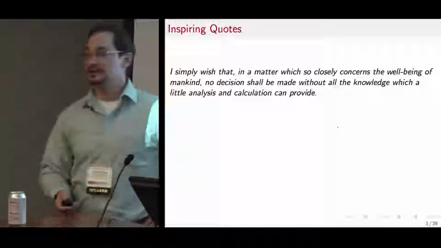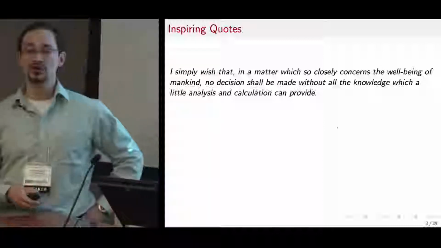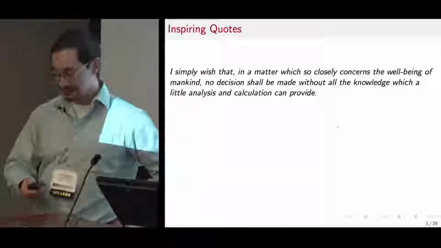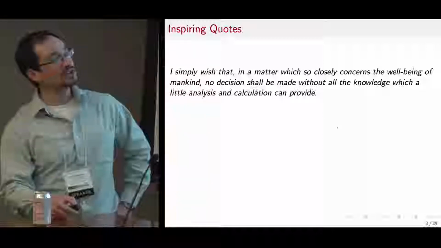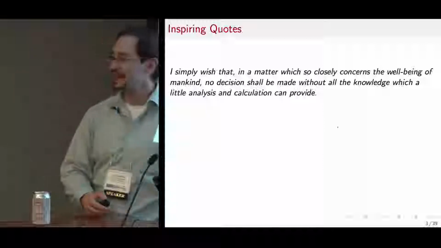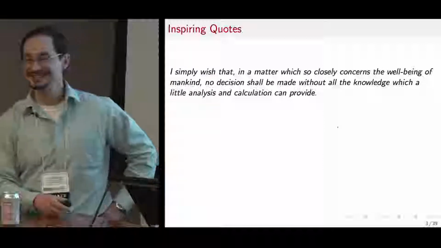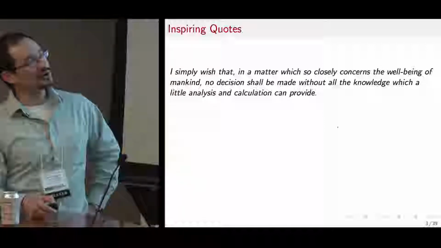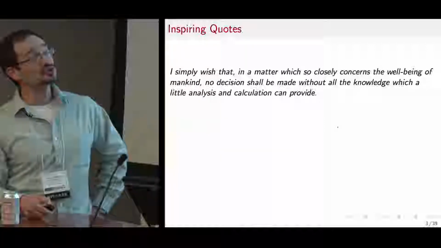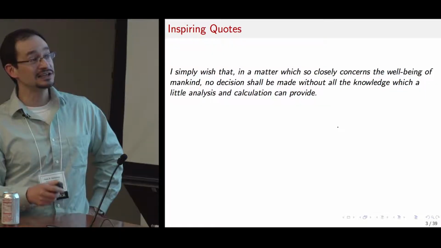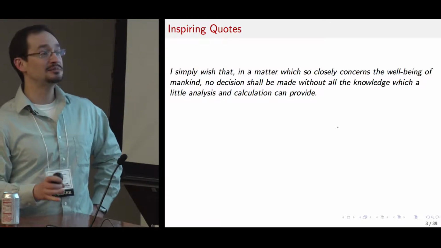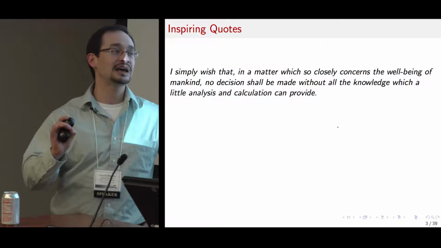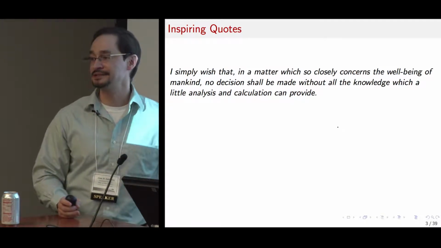Let me start with a quote I always like to show whenever I talk about mathematics to biologists. This is a quote from, let's say, if any of you know it, since I have shown it several times, this is a quiz. Maybe some of you remember. I simply wish in a matter which so closely concerns the well-being of mankind, no decision shall be made without all the knowledge which a little analysis and calculation can provide.